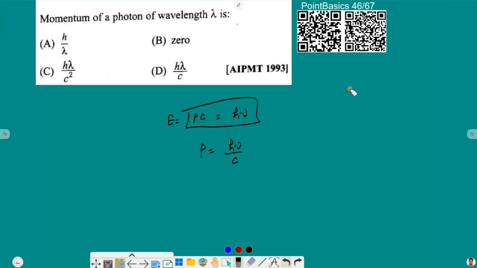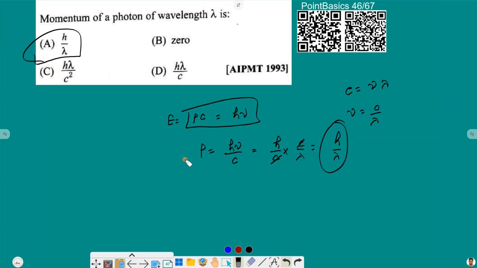We know that c will be equal to frequency times lambda. So from this, frequency is c by lambda. So this will give us h by c into c by lambda. c gets cancelled and this is h by lambda. That is option A for us.